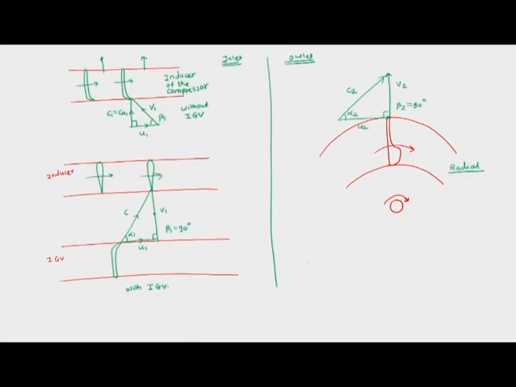Now we will draw for the backward curve. The velocity triangle will be different at the outlet, but the inlet velocity triangle would be the same. In case of backward curve, we have blades which are not radial but backward curved, in case of radial we have blades which are radially outward, and in forward curve we have blades which are forward curved.